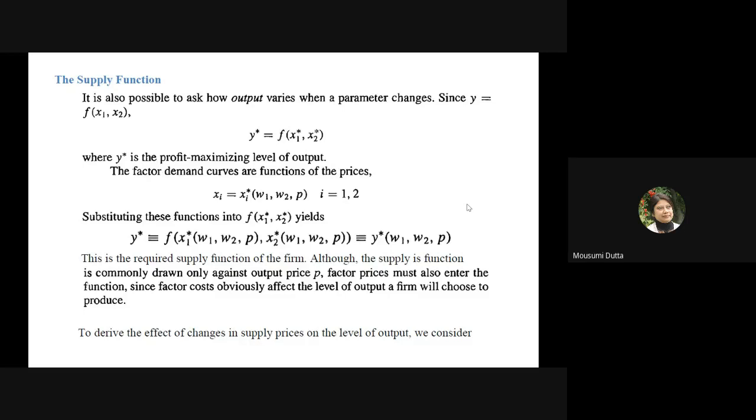So the output can be considered a function of price along with the costs the firm is bearing.